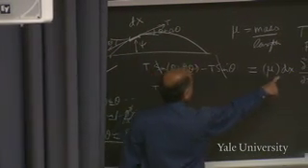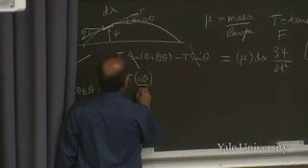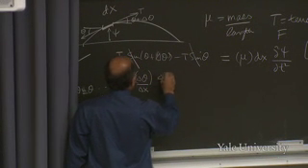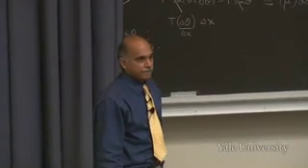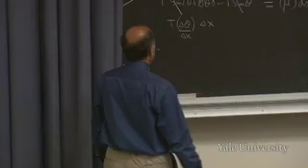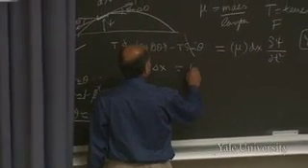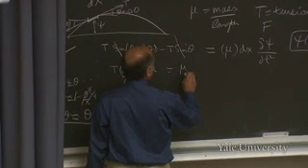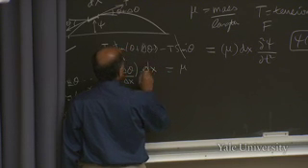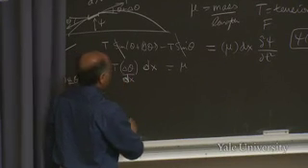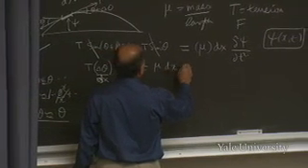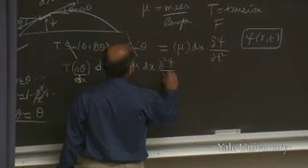Now I have a dx here, so what I'm going to do is divide by a dx and multiply by a dx. We are almost there in deriving the equation. I've been calling it dx and delta x, so pardon that. Just call it dx. Mu dx d2 psi over dt squared.